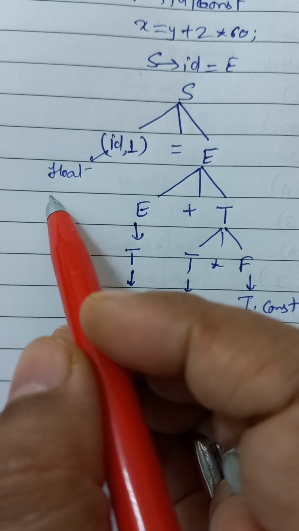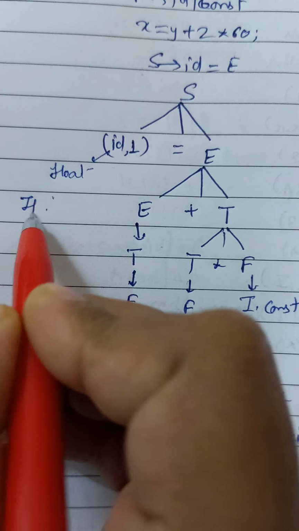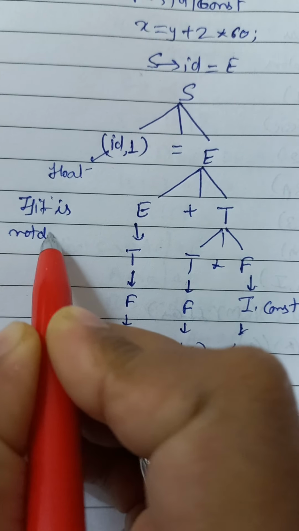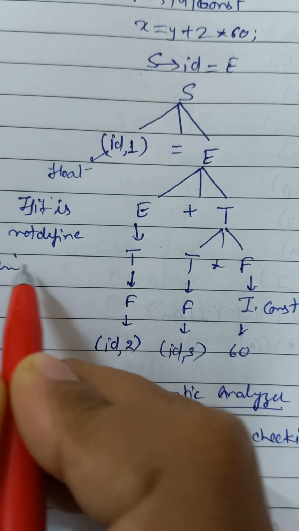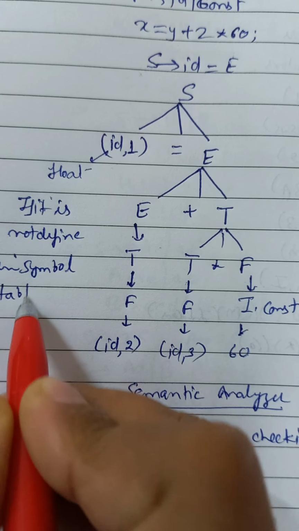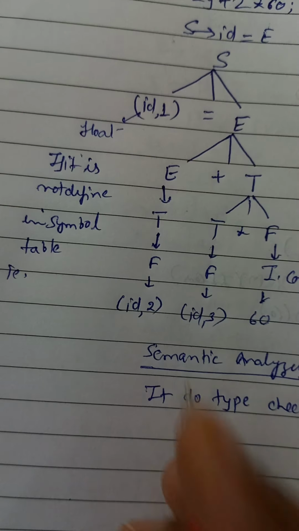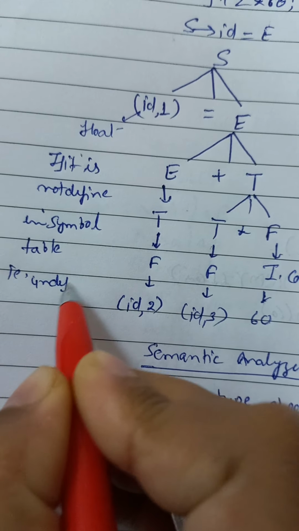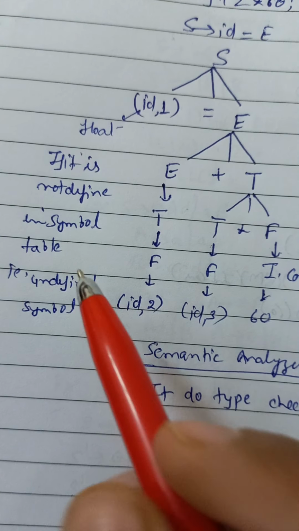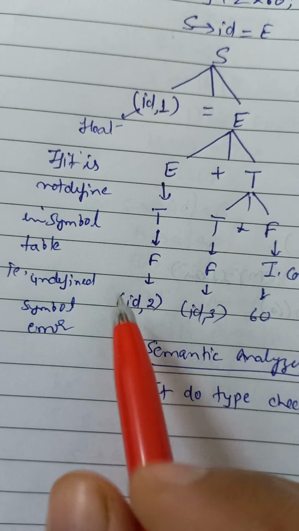If the type is not defined in the symbol table, then this is called an undefined symbol, and an error occurs.